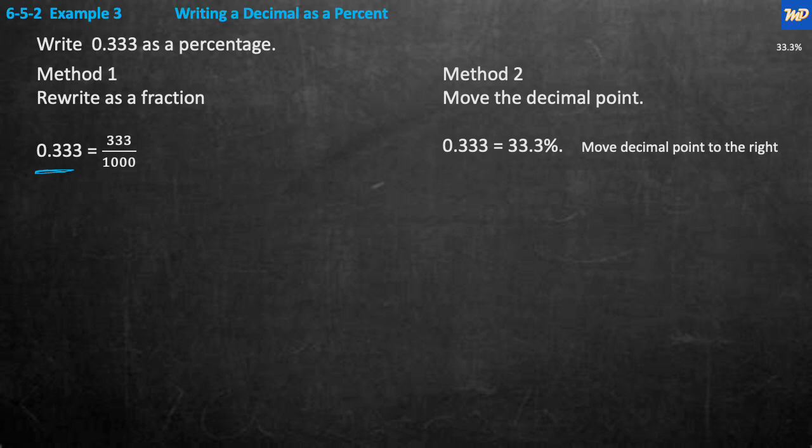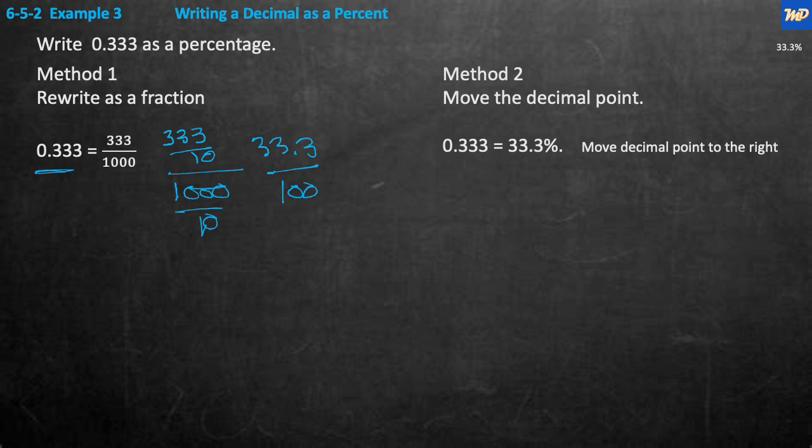So in order to do that, we're going to divide the numerator, 333 divided by 10, and the denominator, 1,000, divided by 10. And that gives us, finally, 333 divided by 10 is 33.3. 1,000 divided by 10 is 100. Now we're in exactly the form we want to be in.